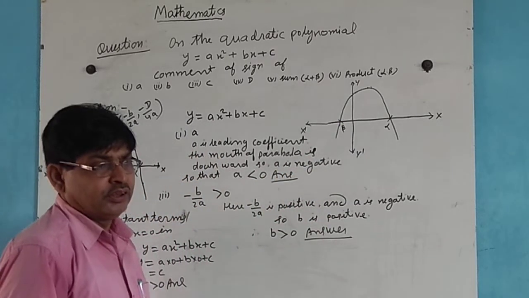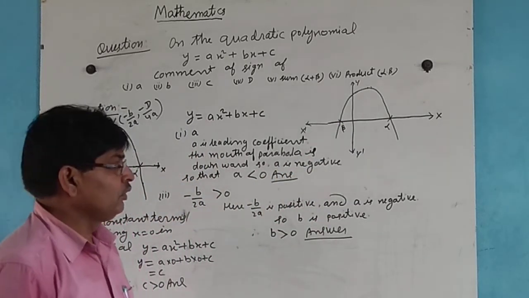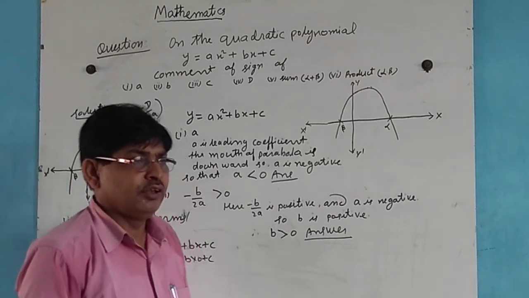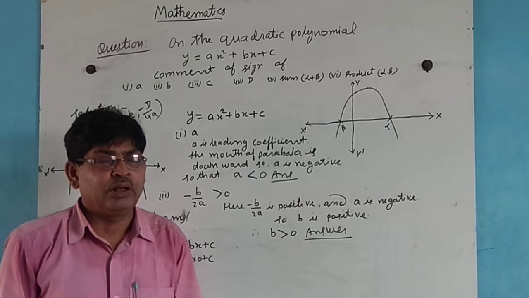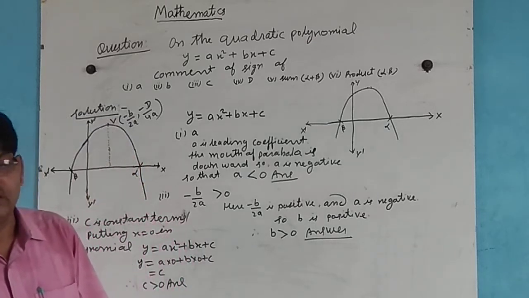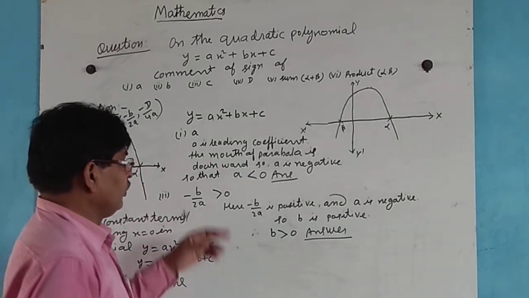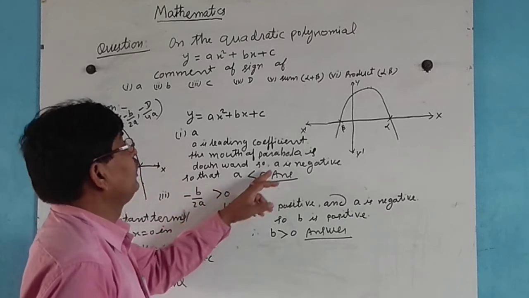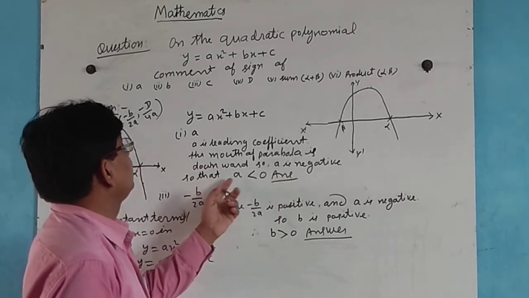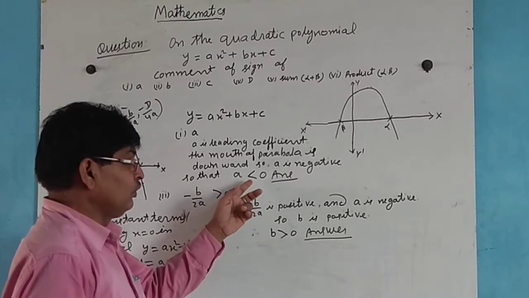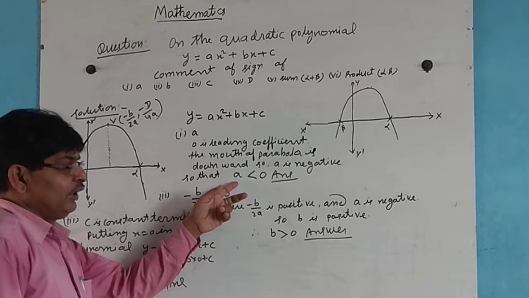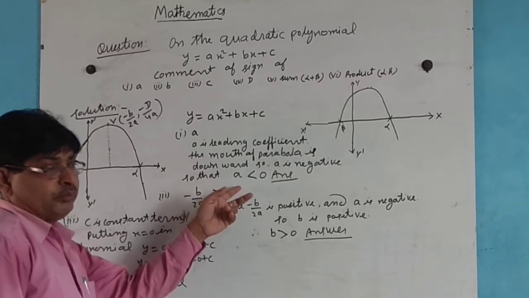As we studied in the previous videos about the sign of a, the mouth of the parabola is either upside or downside. So a is less than 0, a is negative. It means that the sign of a is negative.